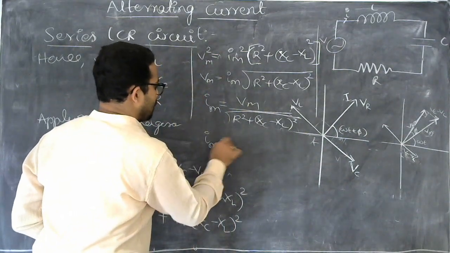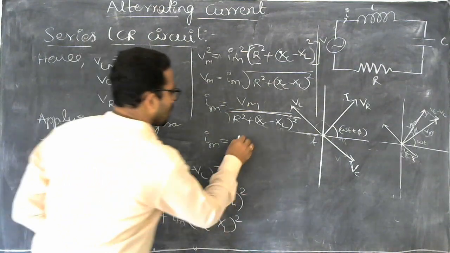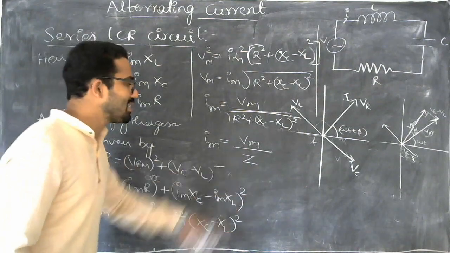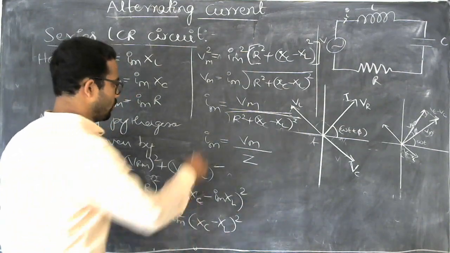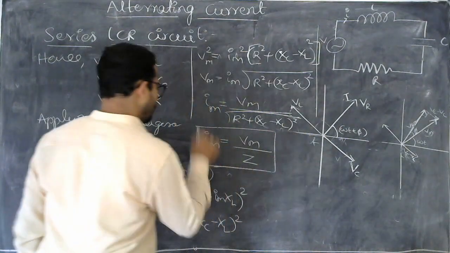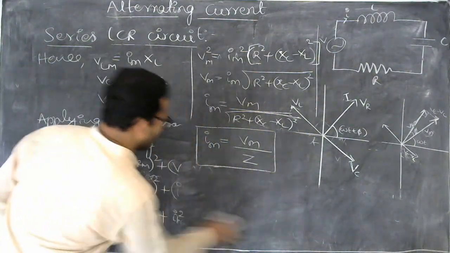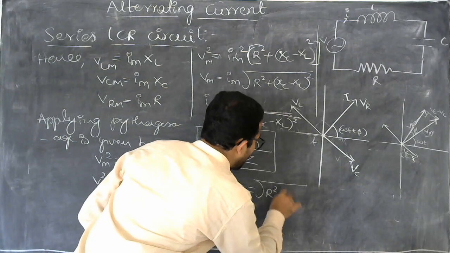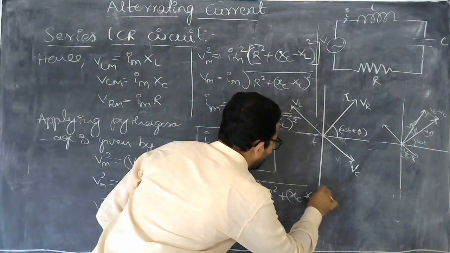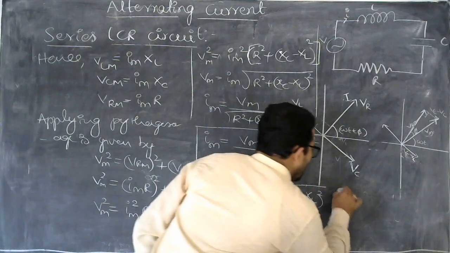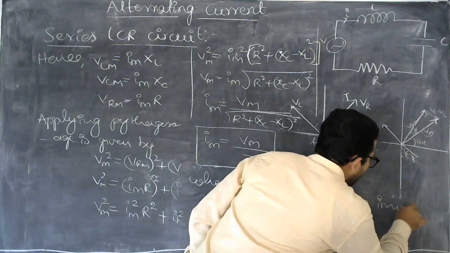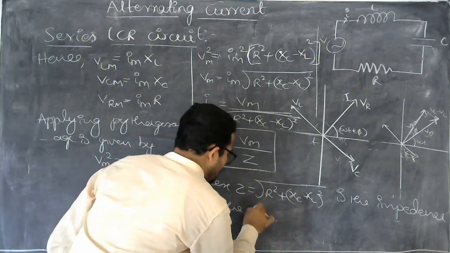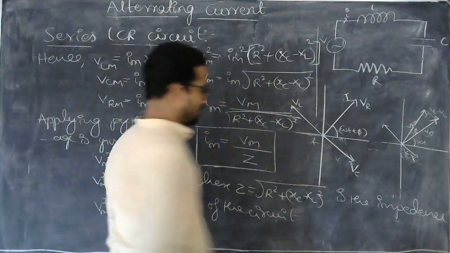So this is what we have got. Further we can write this as Vm divided by Z. Z is called the impedance of the circuit, where Z is equal to the square root of R square plus (Xc minus XL) whole square. Then what is impedance?